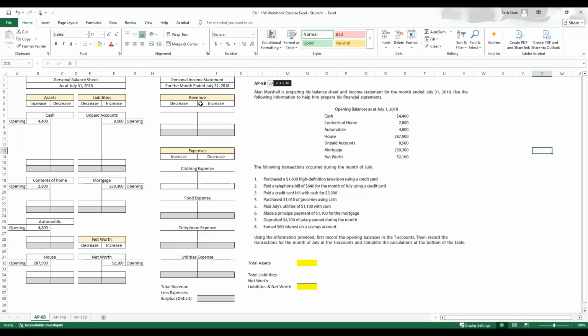The income statement is actually going to show us activity over a period of time. So the balance sheet tells us, for example, at July 31st, on the specific day that I'm looking at my bank balance, I have a certain amount. But the income statement will tell us, how did I get to that amount over this time period that we're looking at?